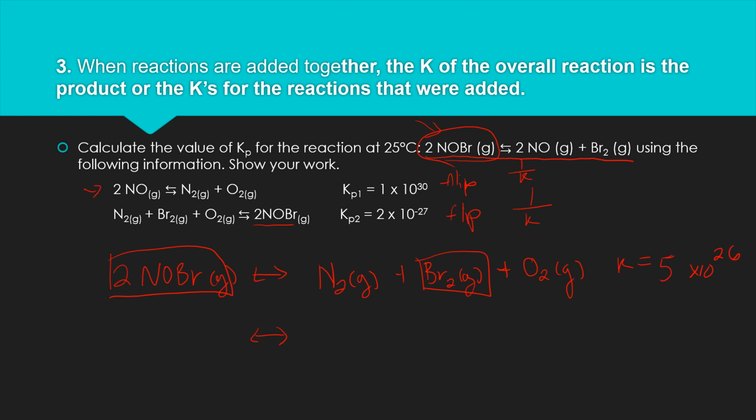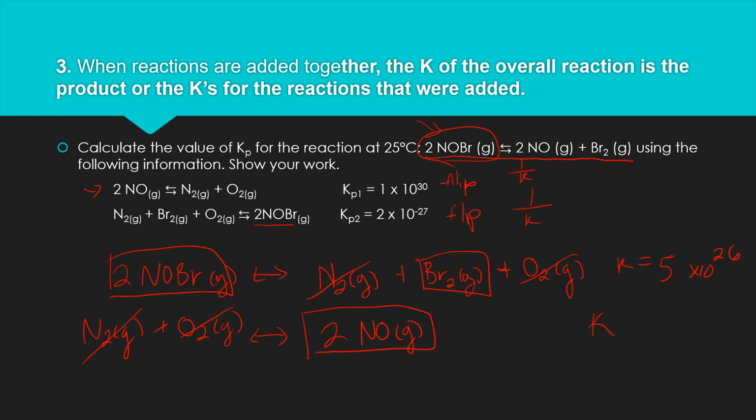So if I flip it, I've got N2 gas plus O2 gas making 2 NO gas. And we can see that we have that NO piece, and everything else should cancel out. N2 is on opposite sides, and so is O2, so those cancel.